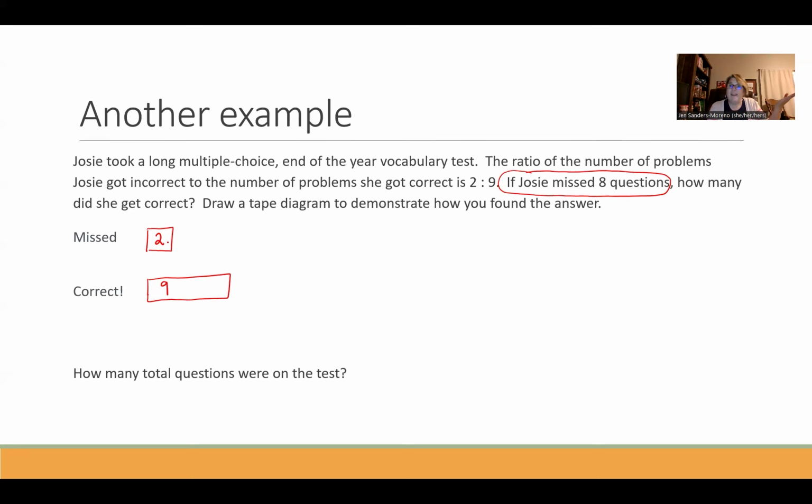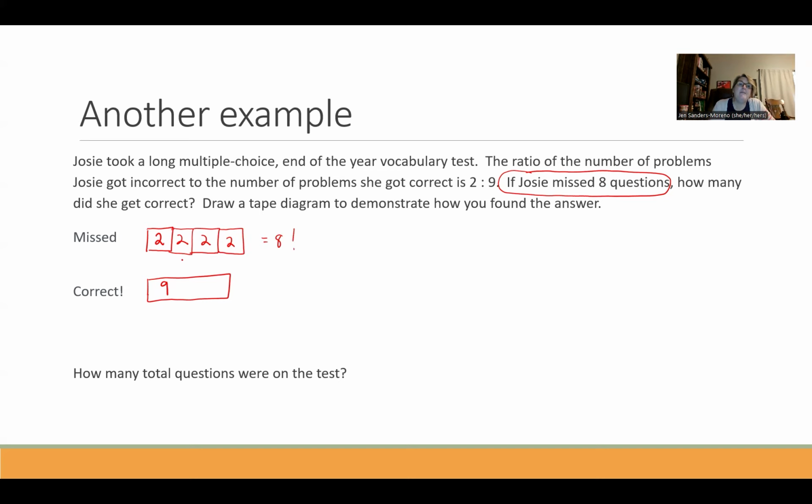The top one. And I need to keep drawing pieces until I get to 8 total. So not 8 pieces, but the answers inside add up to 8. So here I would have another piece gets me to 4. Another piece gets me to 6, and one more piece gets me to 8. So I got to 8.